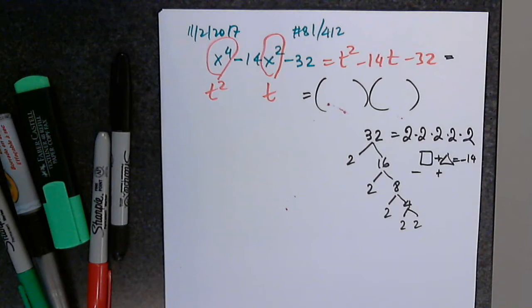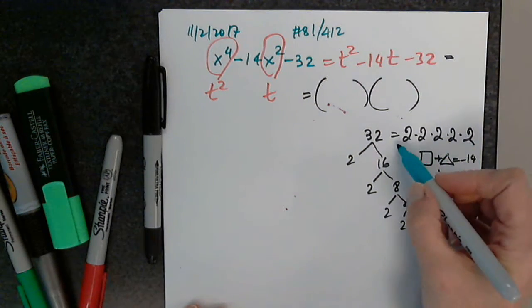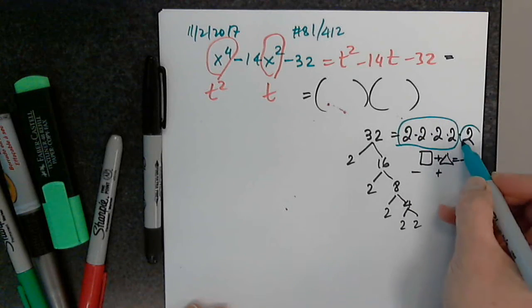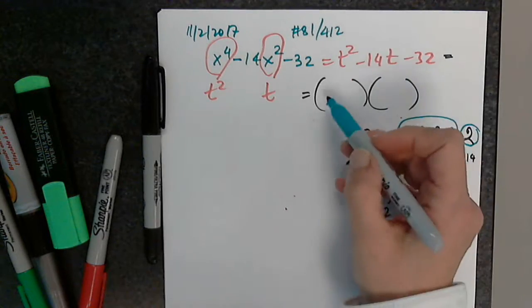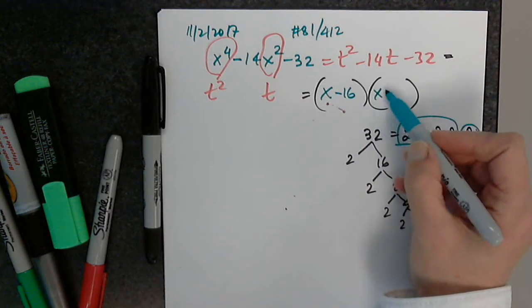Any ideas? Right? Yeah, negative 16. Very good. So I have x minus 16 and x plus 2.